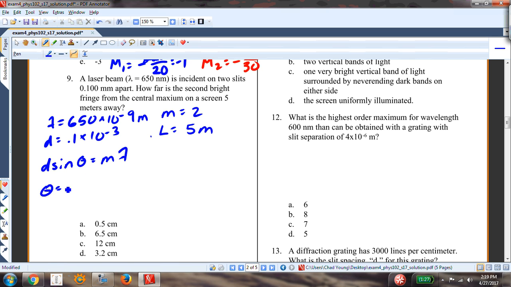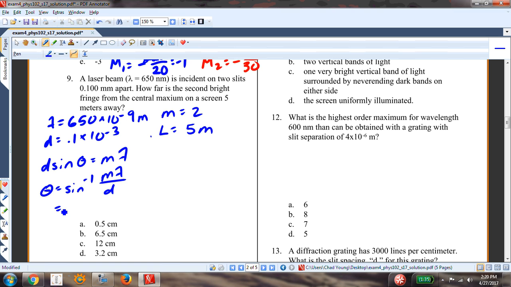So theta is the inverse sine of m lambda over d using those values. Inverse sine of m lambda over d. That's 2 times 650 times 10 to the minus 9. d is 0.1 times 10 to the minus 3.